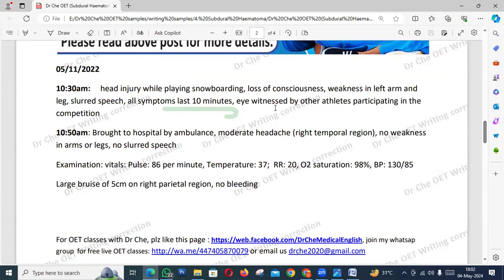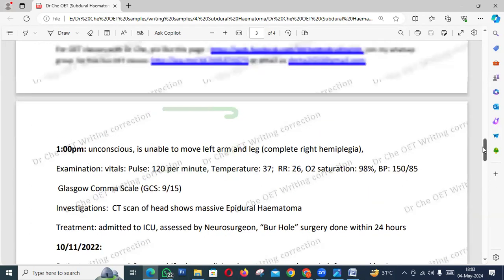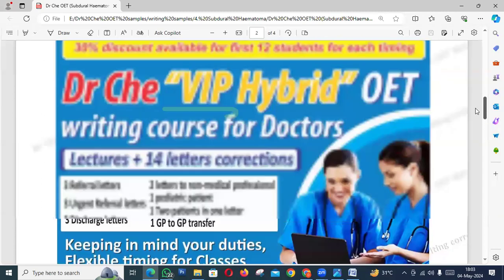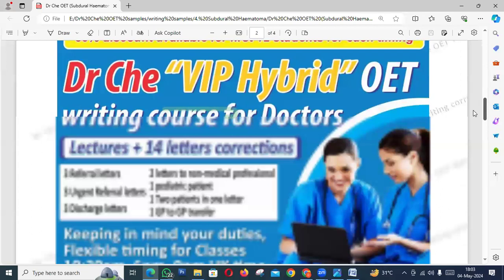You can write one paragraph for 10:30 a.m., one paragraph for 10:50 a.m., then one paragraph for 1 p.m., then one for this date, one for this date. But if you write like this, there would be a lot of paragraphs. It will be too long.